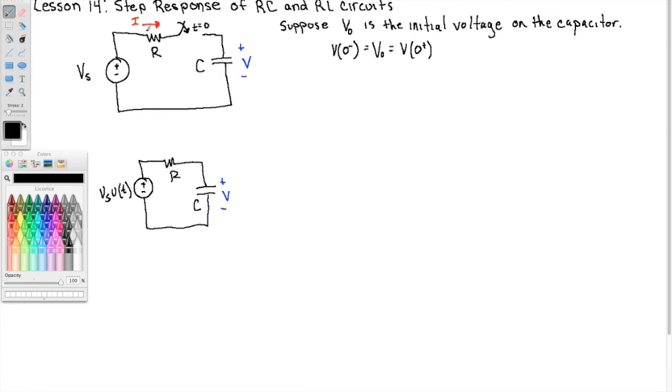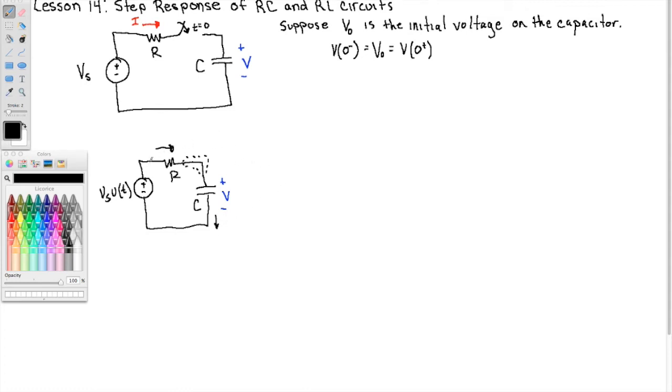All right, I'm going to look at the second picture down here. We can do a Kirchhoff's voltage law around this loop. Or actually, let's do a Kirchhoff's current law at this node. The current coming in here must be the current coming out there.